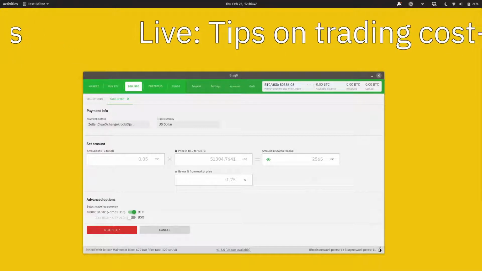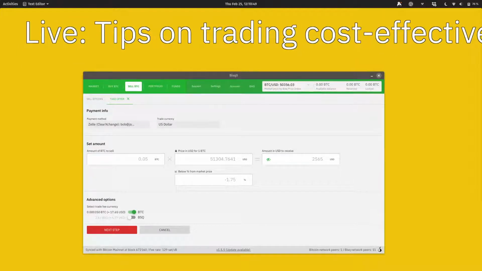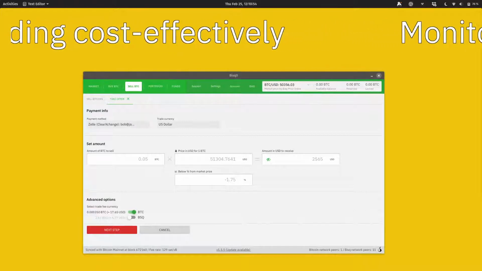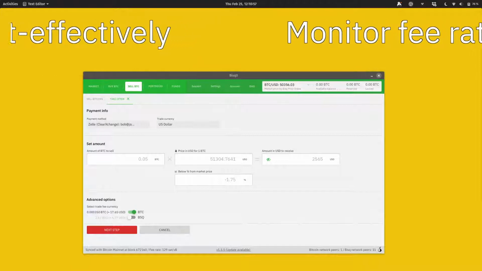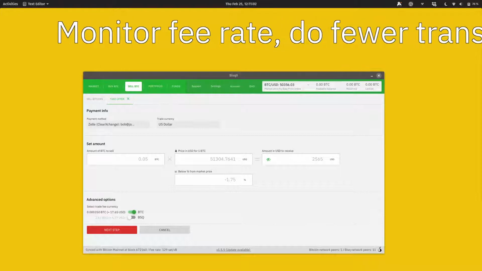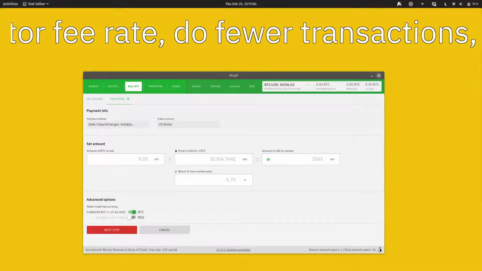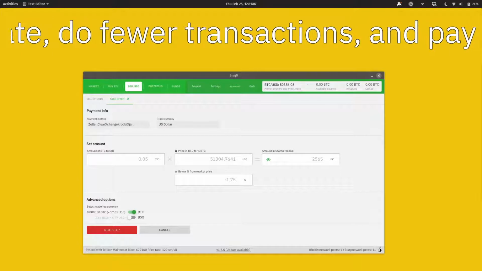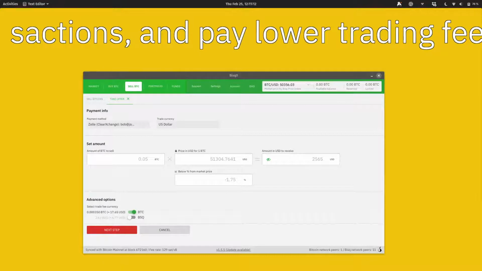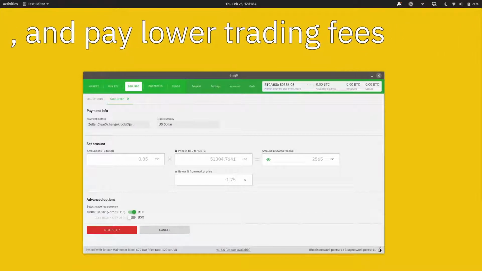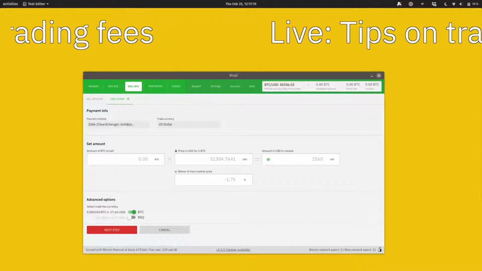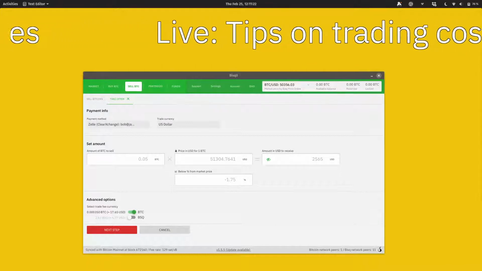At or below 0.01 Bitcoin, the premiums that you pay are typically way higher, and as you get past 0.01 Bitcoin, the premiums tend to go down a lot, and generally as you go higher, the premiums become lower. So that's a tip for you guys who can do bigger transactions at once. It definitely pays to do bigger trades to save there.